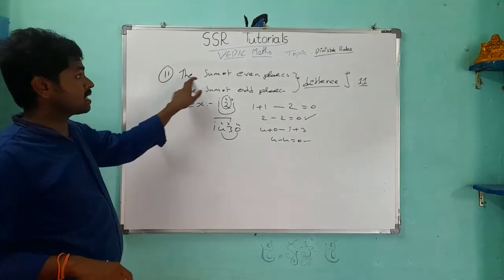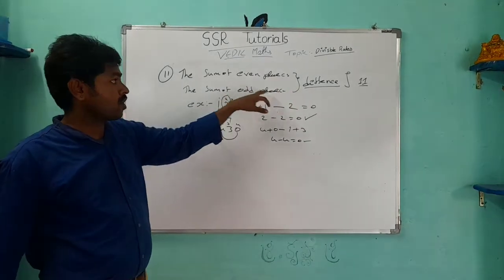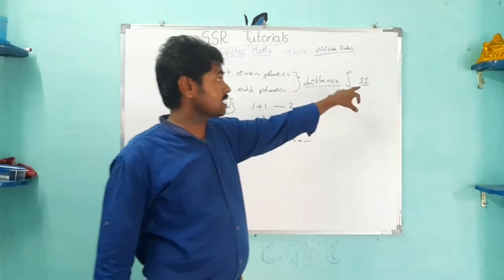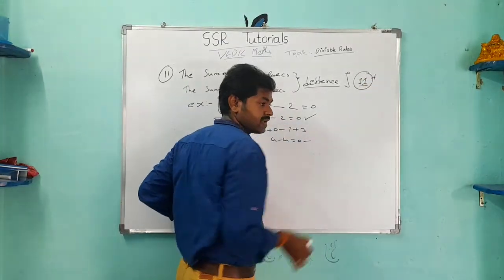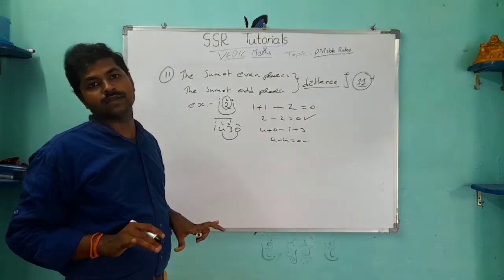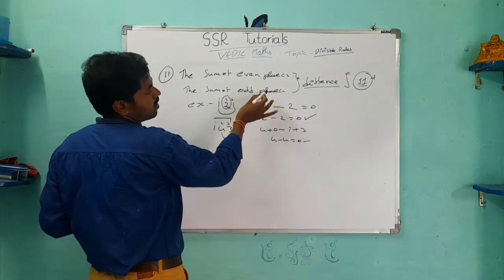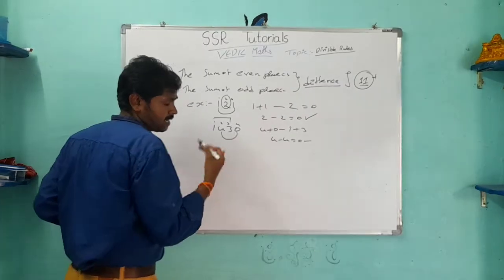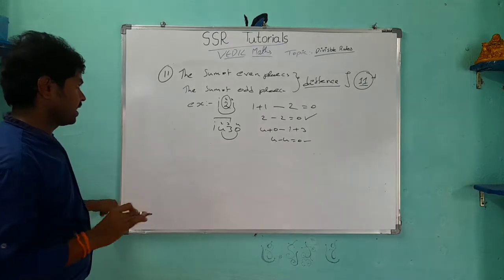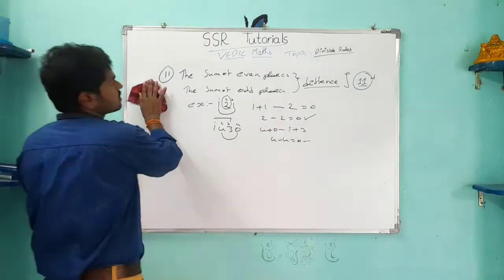Any number whose difference between the sum of even places and the sum of odd places is 0 or divisible by 11, the total number is also divisible by 11. So next we will teach you other numbers.